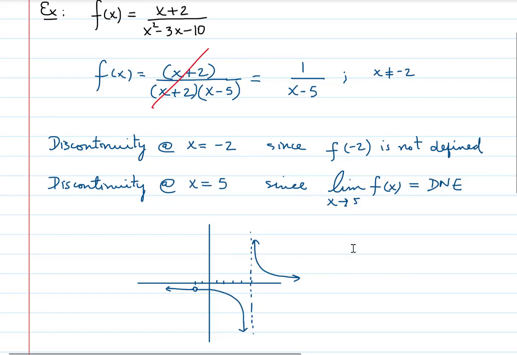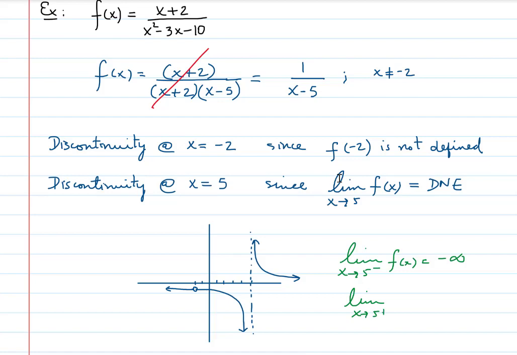The limit doesn't exist. Actually, if we wanted to find the one-sided limits, we could say that the limit as x goes to 5 from the left of the function is equal to −infinity, because you see how this is going to −infinity, and the limit as x goes to 5 from the right of the same function is +infinity.